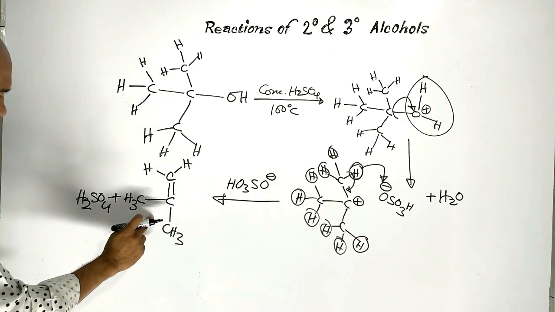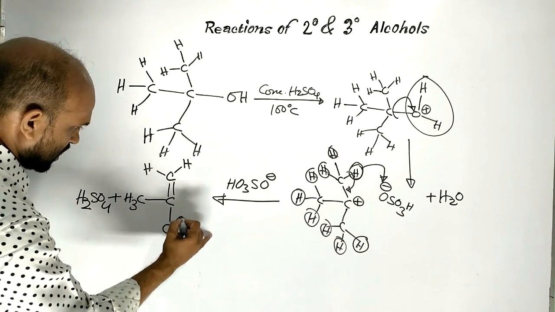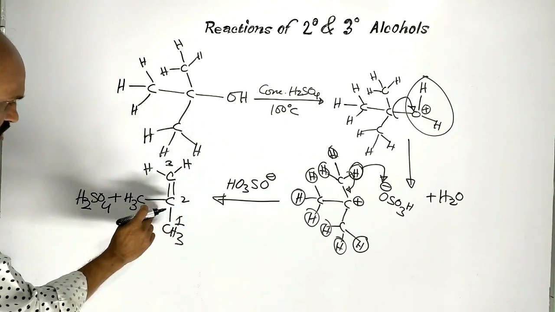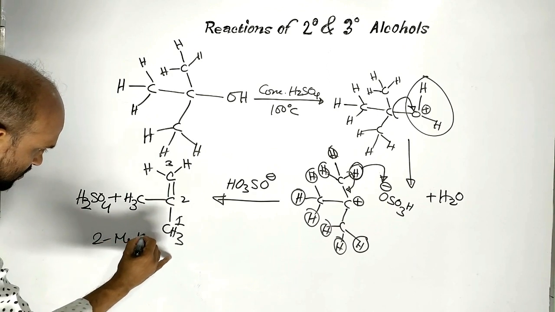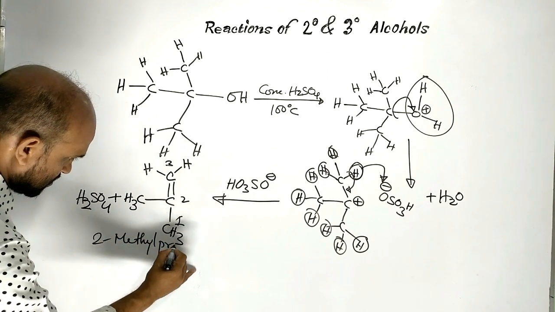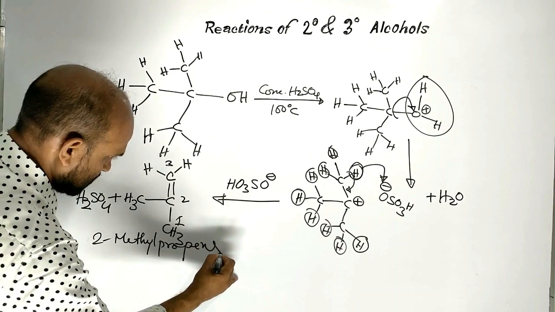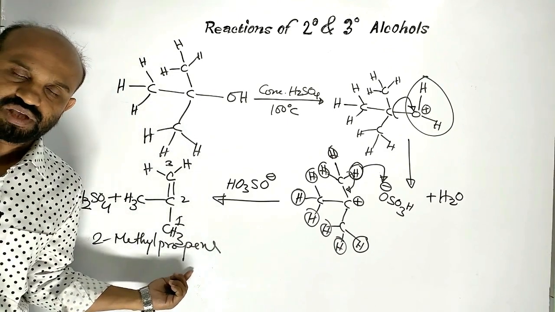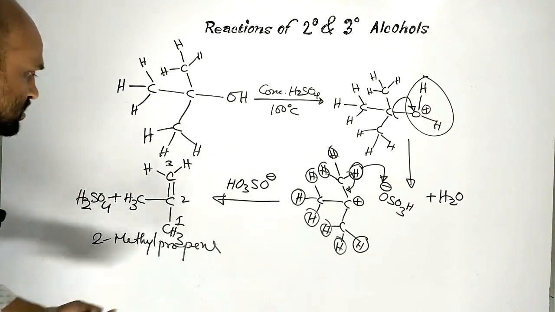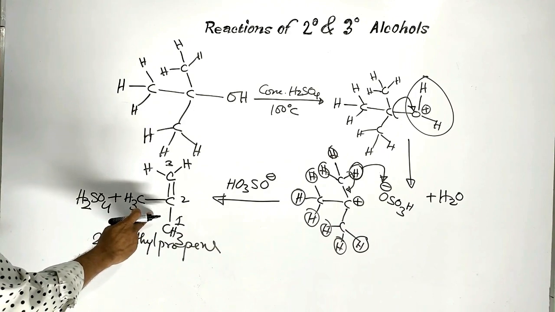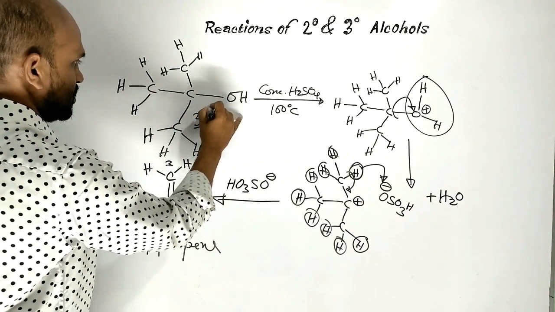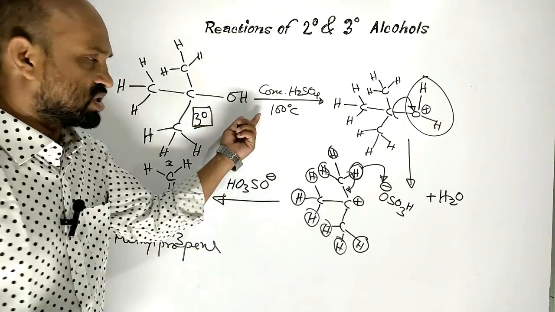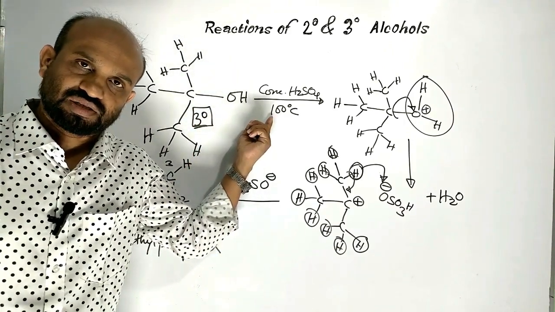Its name is 1, 2, 3, 2-methyl propene. 2-methyl propene is obtained when 3-degree alcohol is treated with concentrated sulfuric acid.